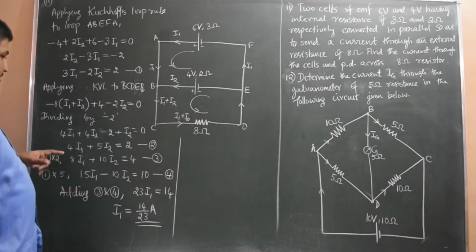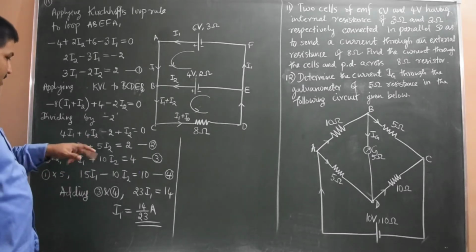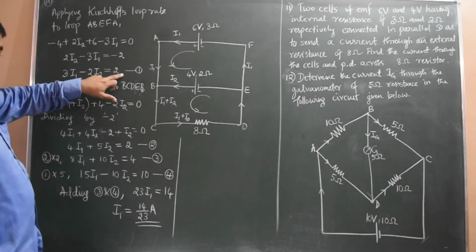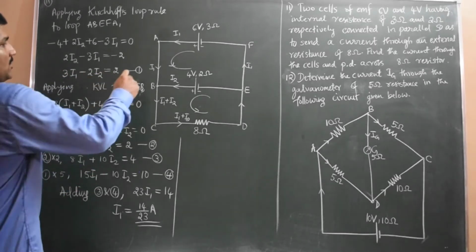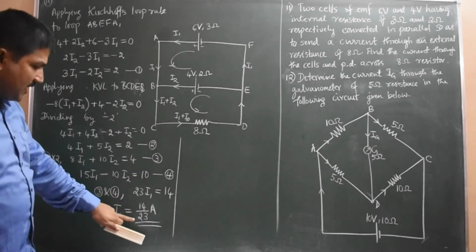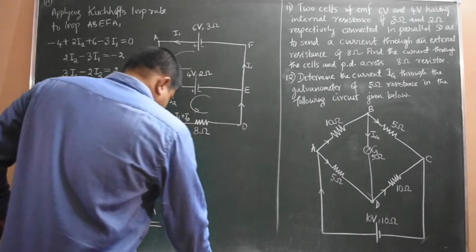The simplest equation to get the I2 value, observe equations 1 and 2. Equation 1 is the simpler equation to get the branch current I2. What you have to do is substitute the I1 value in the equation.